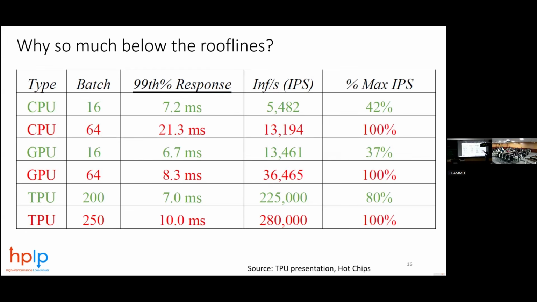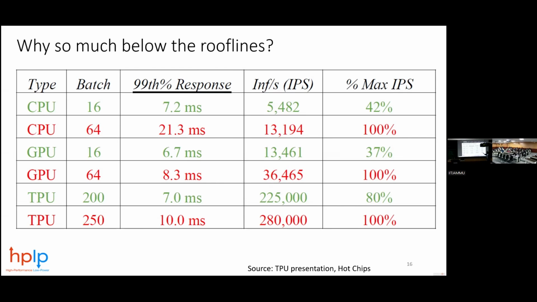Then both the CPU and the GPU are struggling to get that response. What this 42% means is that only 42% of the time it can meet that latency. So for the CPU to meet 100%, the latency that it can meet with 100% probability is 21 milliseconds. The 100% is not that bad, actually.